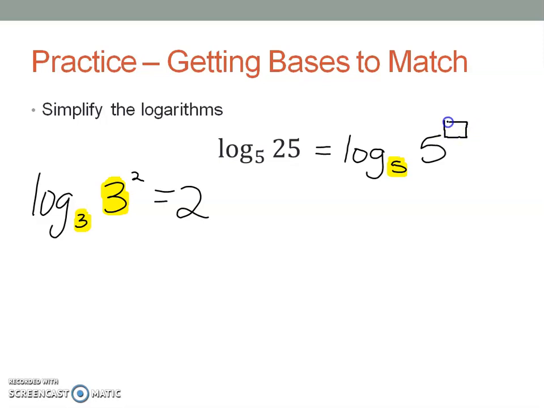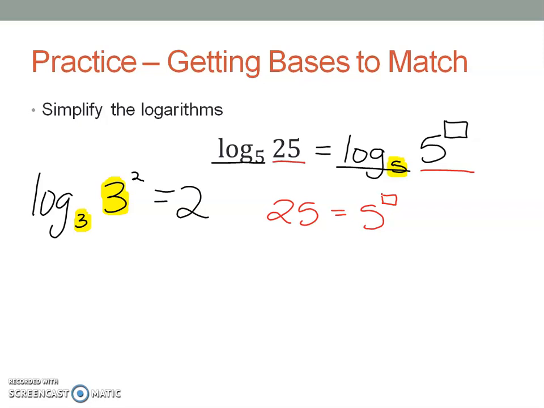Essentially, I've got a log base 5 of 25, and I've got a log base 5 of 5 to some power. So the question we're asking ourselves is: 25 equals 5 to what power? That's what we've got to figure out. So 5 to what power gives me 25?